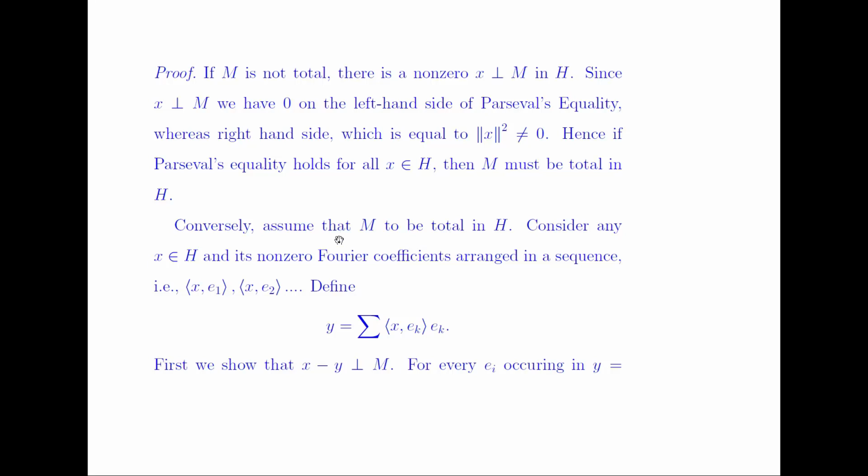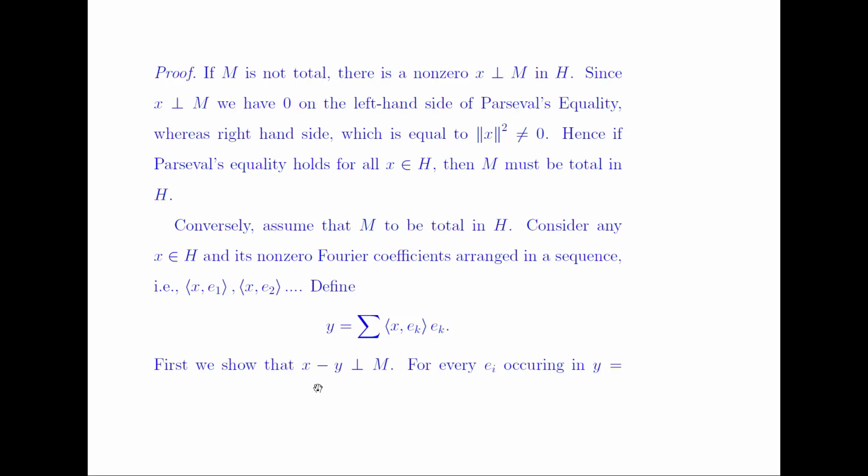Conversely, assume that M is total in H. Consider any x belonging to H and its non-zero Fourier coefficients arranged in a sequence, that is, the inner products of x comma e_1, x comma e_2, and so on, and define y as the summation of the inner product of x comma e_k times e_k.